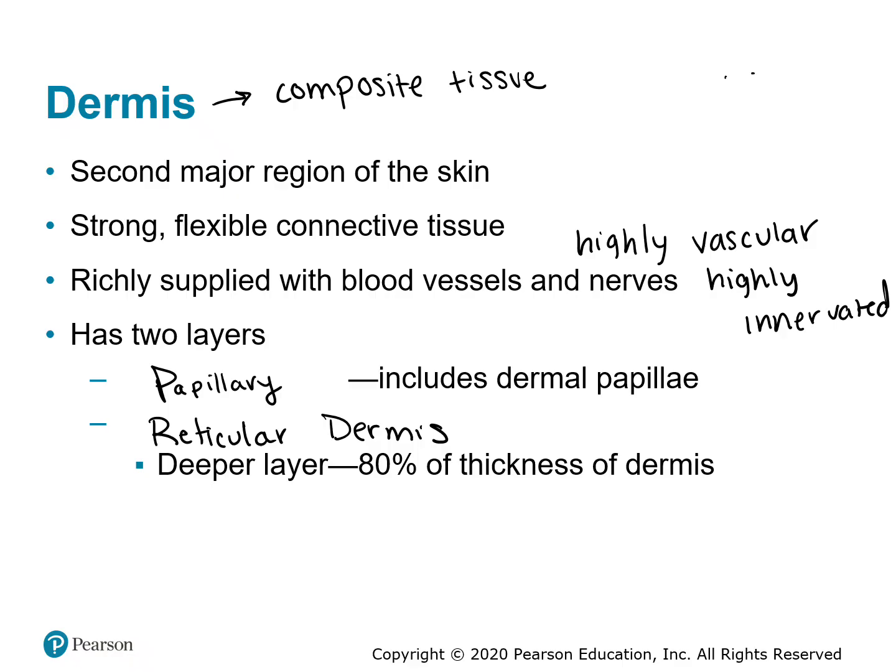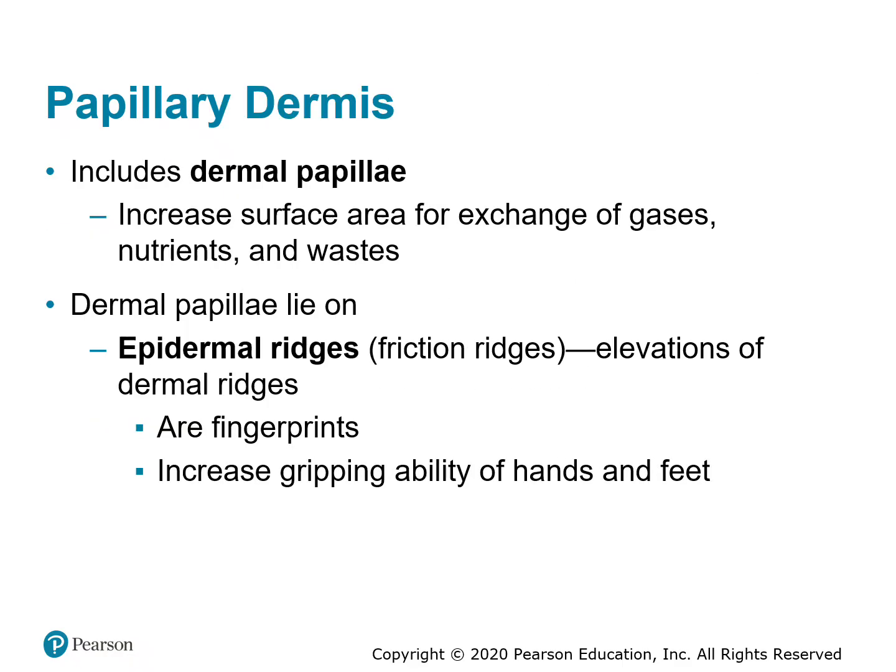So the papillary dermis has what we call dermal papillae. Those dermal papillae, they're these little ridges, kind of like the microvilli that we saw on some of our epithelial tissue. And those ridges will increase the surface area for gas exchange of nutrients, waters, waste, everything.